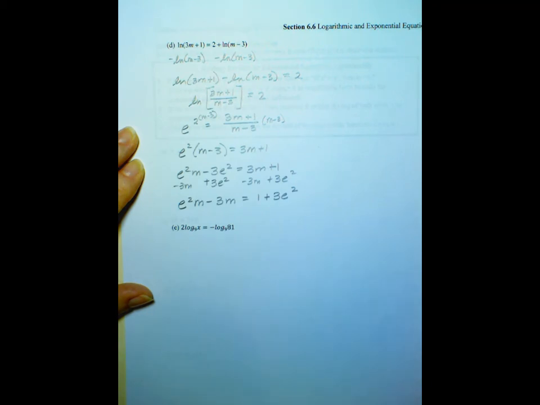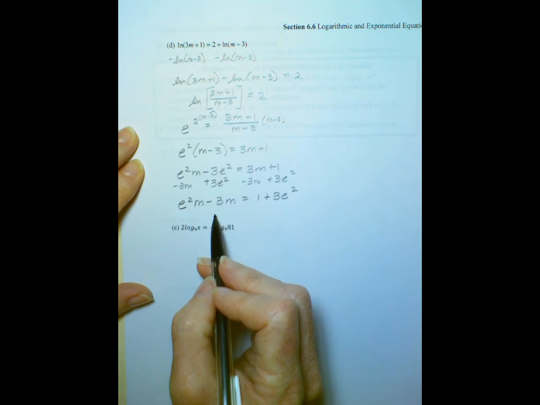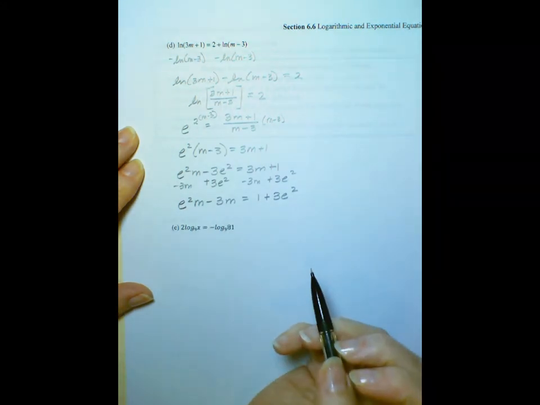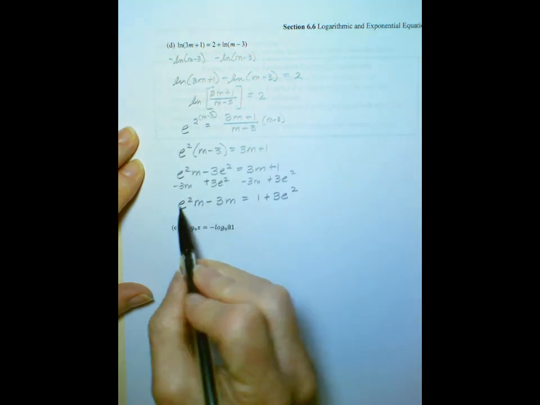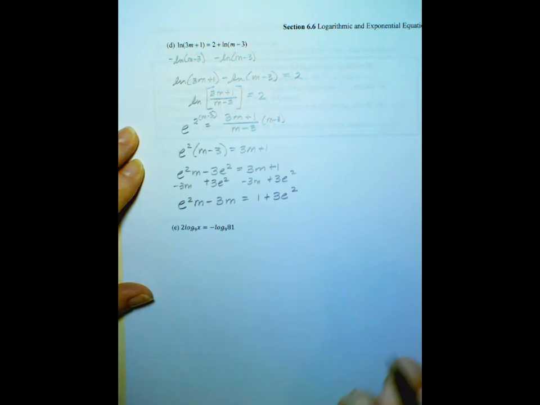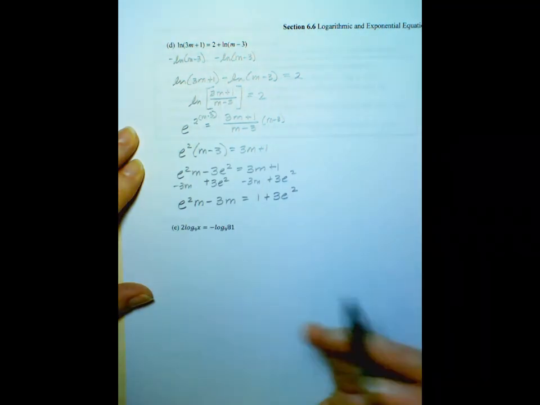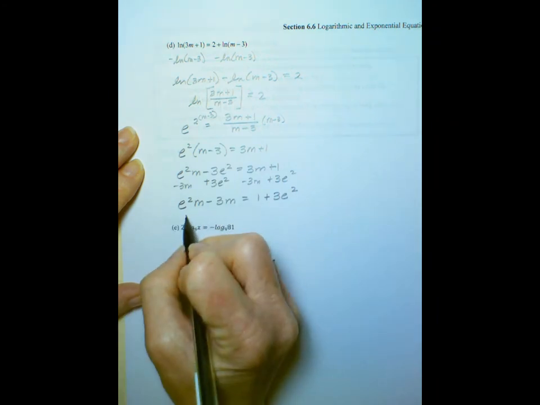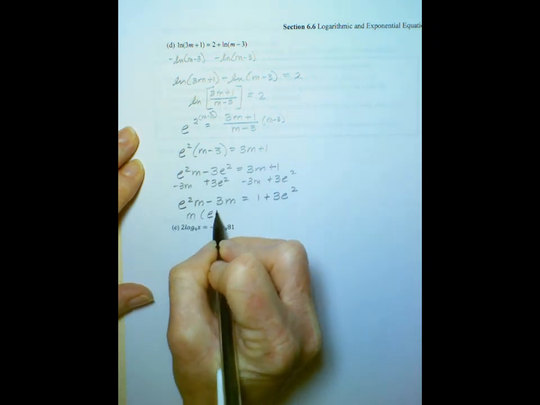I want m by itself. How can I get m? I just want this to be m equals. How can I start getting m by itself? I can't really subtract this without finding out what that is in a rational form, and now I've got decimals and I'm rounding, and I don't want to do that. So I'll factor the m out. I hope you were thinking that.